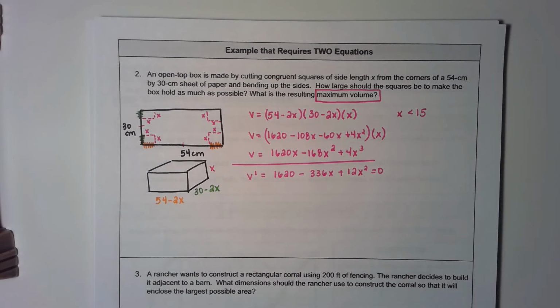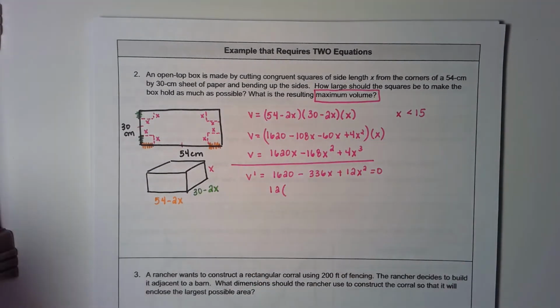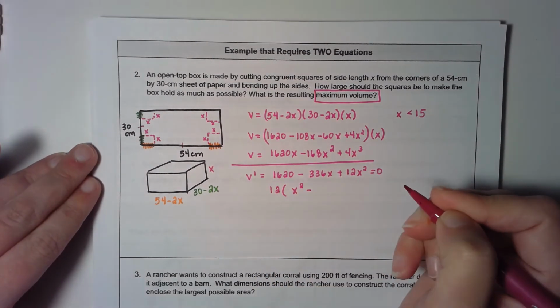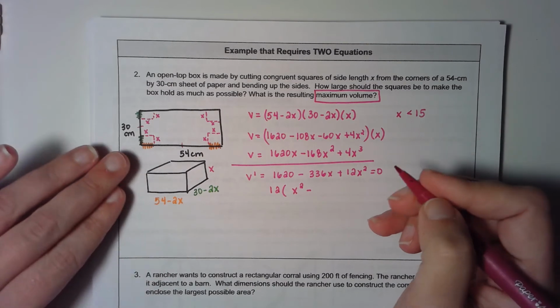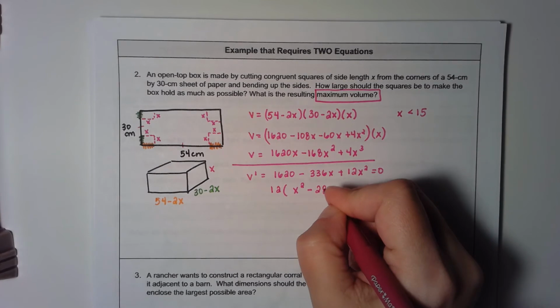Now, I happen to know that the number 12 goes into all of the numbers here. So if I start by factoring out the number 12, and I'm just going to switch the order a little bit while I do this and put the x squared first, minus 336 divided by 12 is, I believe, 28. Let me just double check that. Yes, it is 28x.